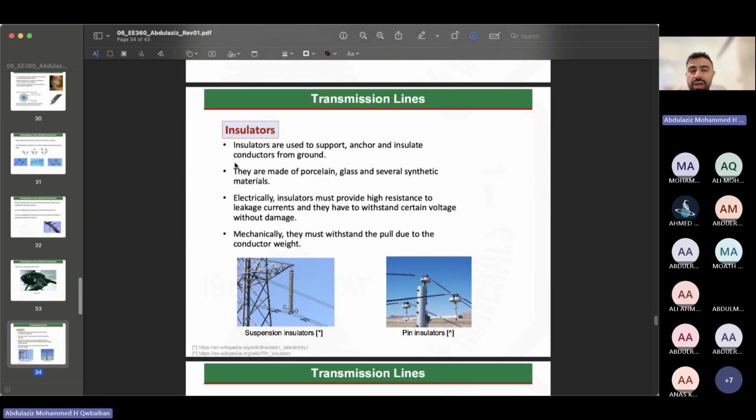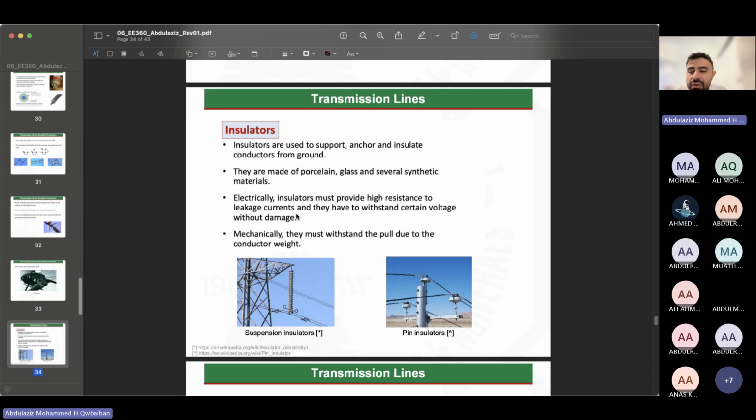And then we have insulators. Insulators are made from glass, porcelain, and other synthetic material. Why? They provide support and isolation of electricity. They provide high resistance for leakage current, and they withstand high voltage.